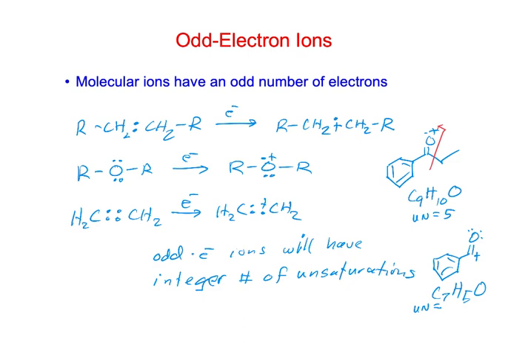Yeah, it would be 5.5, because it only has 5 protons now. So if we see an unsaturation number of a half, then we know that this has to be a fragment ion, or what we would actually call an even electron ion.